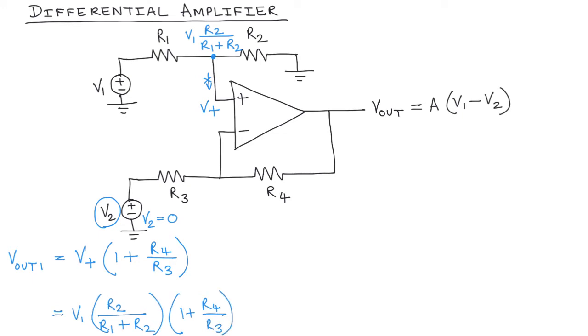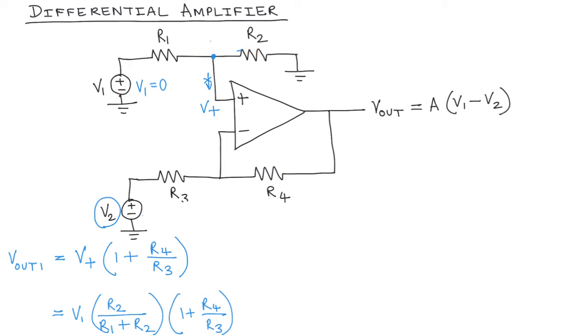Now similarly, we can find the output because of input 2. So we take away the assumption we made, and we make V1 equal to 0 this time. If V1 is 0, what is the voltage at the non-inverting terminal going to be? The voltage here is 0, so the voltage here is also going to be 0, because no current can flow through R1 and R2.